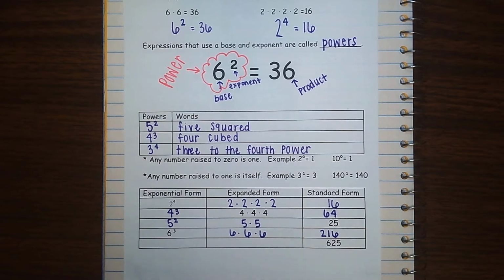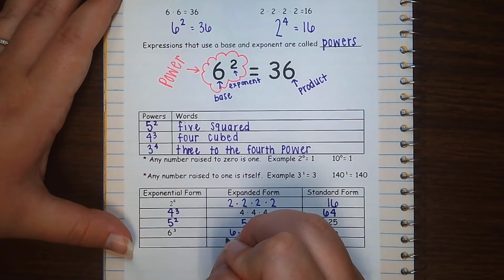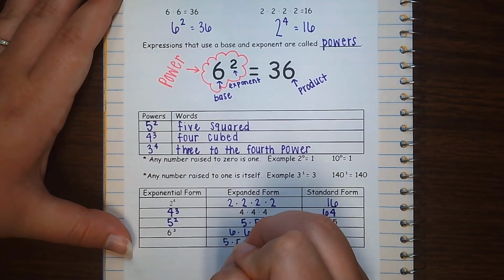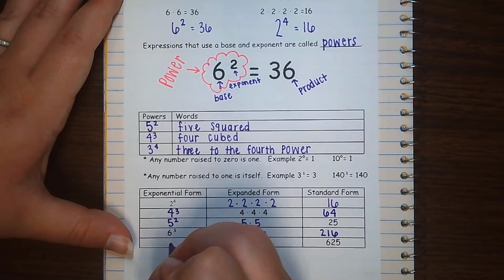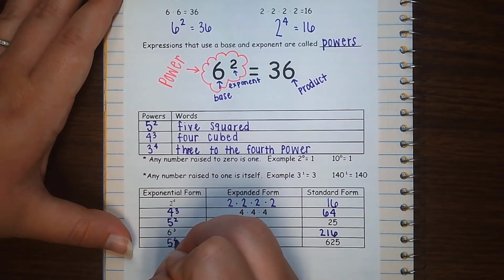I know that 5 times 5 is 25. 25 times 5, that would be my third 5, would give me 125. So what about 125 times 5? That would give me my 625. So it could be 5 times 5 times 5 times 5, which is 5 to the 4th power.